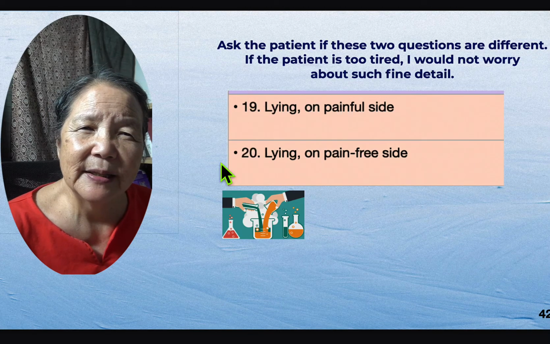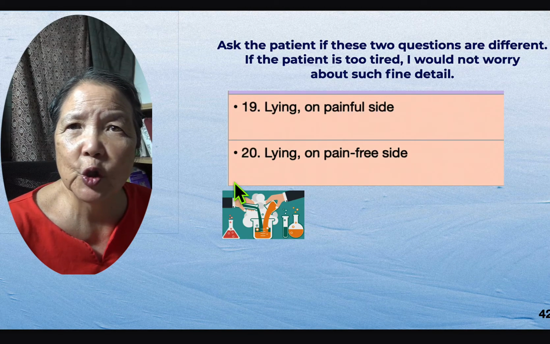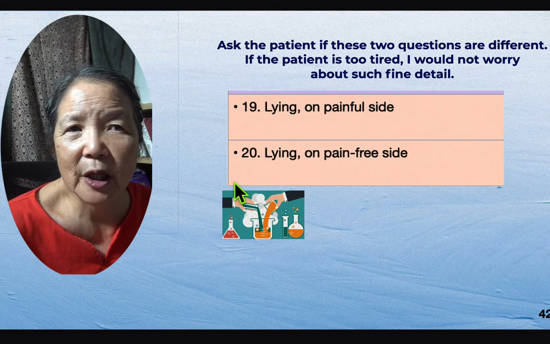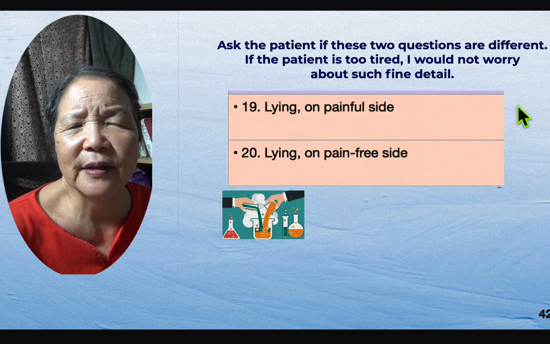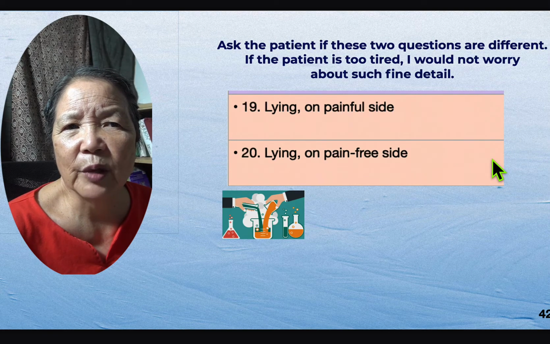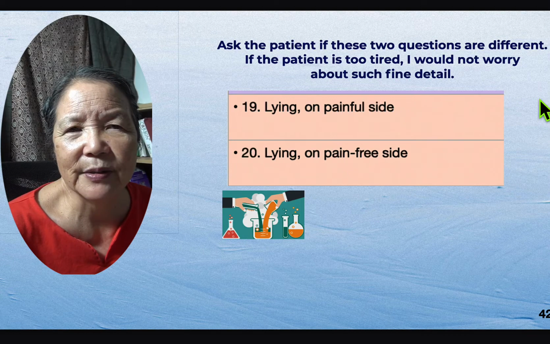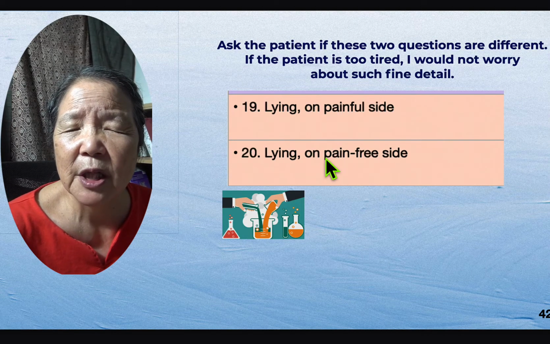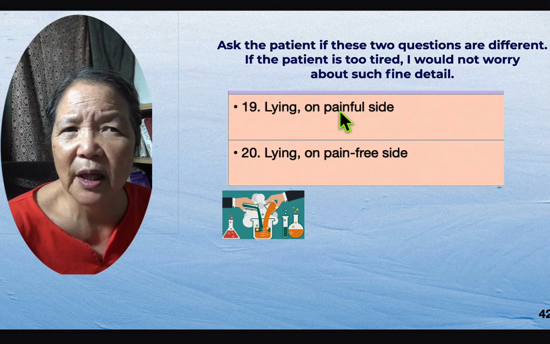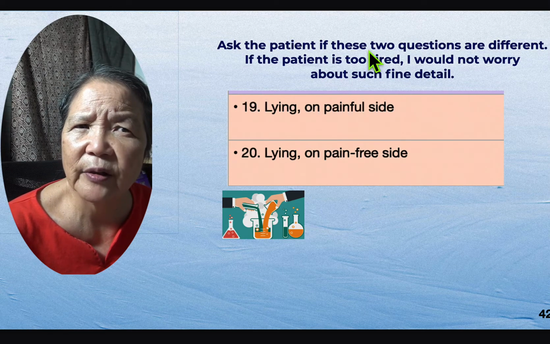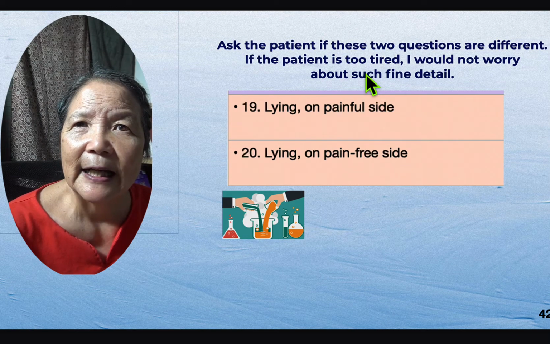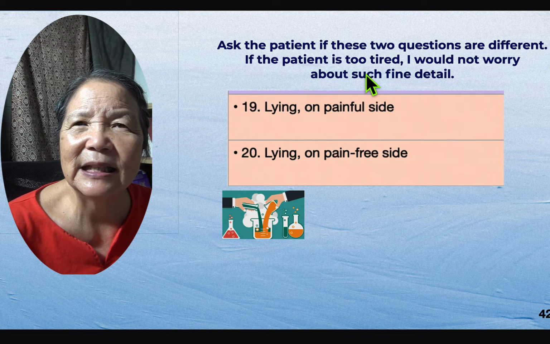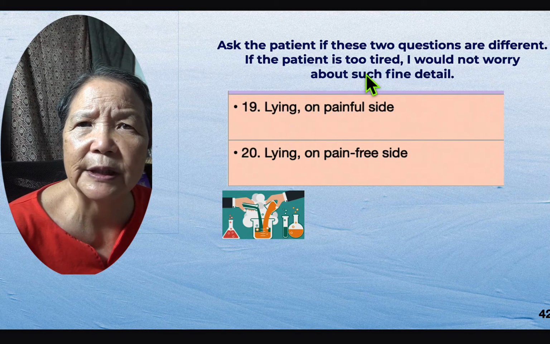Now, the difference between these two questions, to me, seems pretty arbitrary. I think one was better or worse, and the other one was likes to or something. It made some sense. But if two questions seem too similar and your patient is very tired and very sick, often it's not necessary to quibble about small detail.